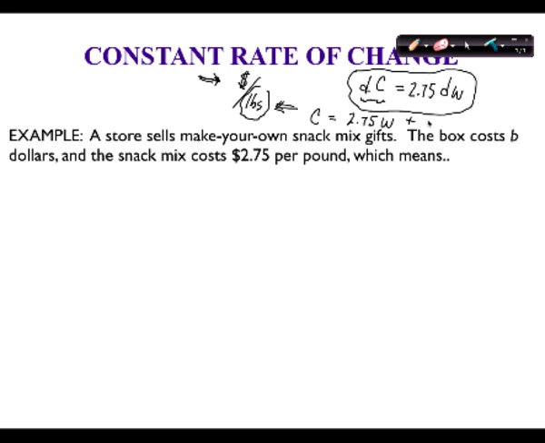Plus B. Okay, but that's less important right now. So your whole cost would be 2.75 times your whole weight plus B. Do you see the difference between W and DW and C and DC, right? The variables themselves and the variations in those variables.